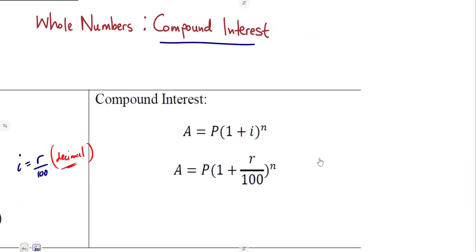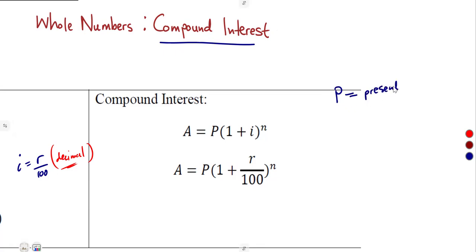What we are going to focus on is the compound interest, where the compound interest can be used just like what we had on the simple interest. You have the amount that you start with, which is the principal, the present value.